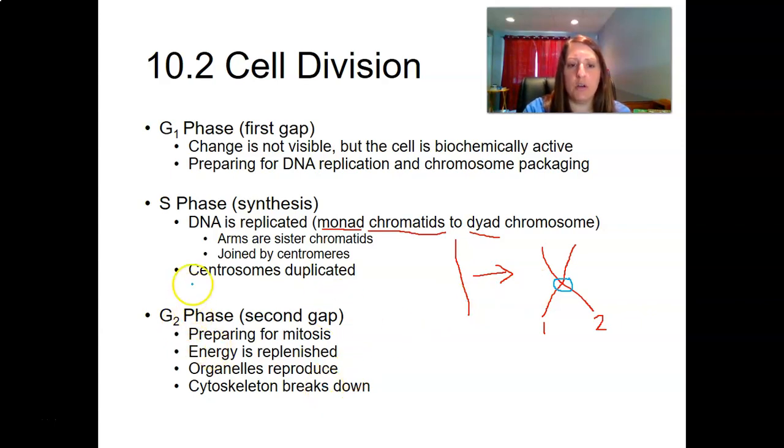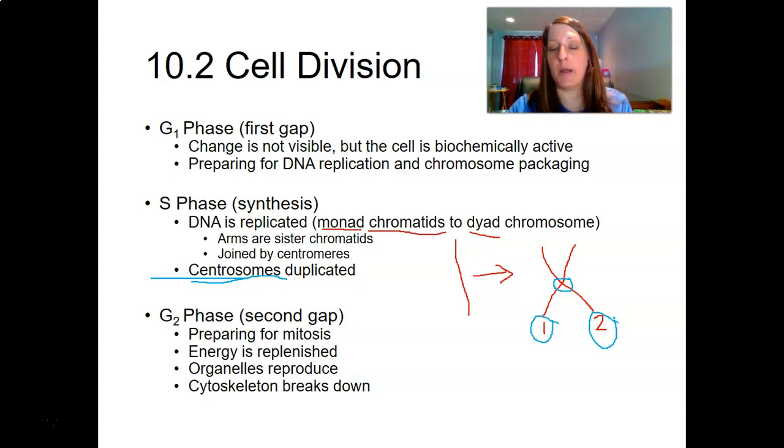These structures called the centrosome, they're going to get duplicated. Okay? So the centrosome is going to be a structure which is responsible for eventually pulling the two arms, right? So arm 1 and arm 2 of each of the 46 chromosomes if we're talking about humans.